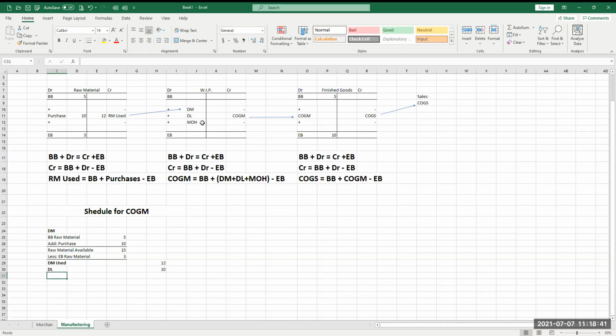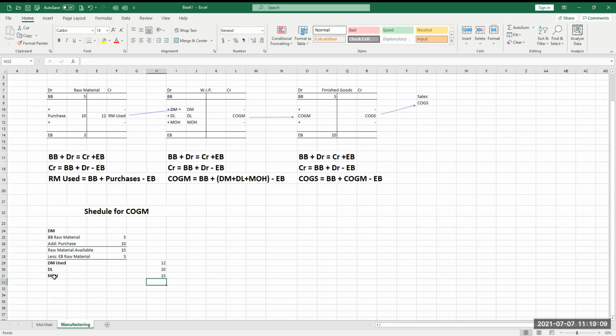Then what's the last thing? Manufacturing overhead, correct? Yes. How much? Give me a number for the manufacturing overhead. A good number, 15.